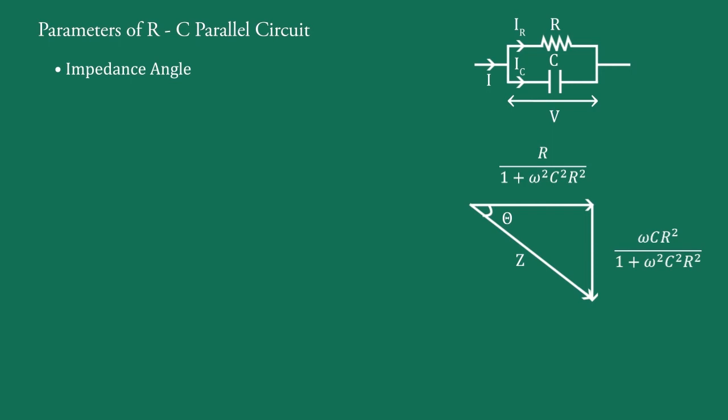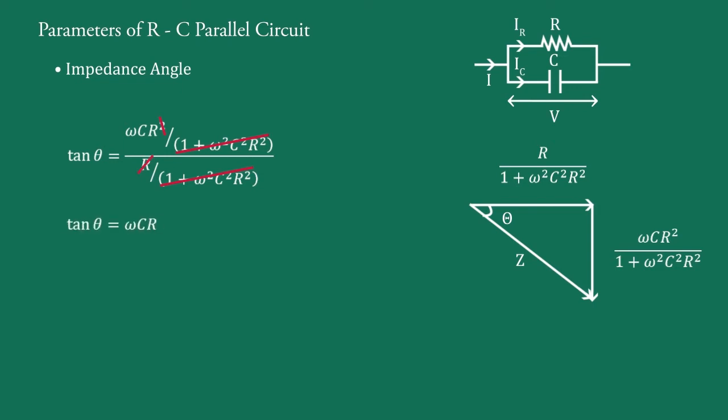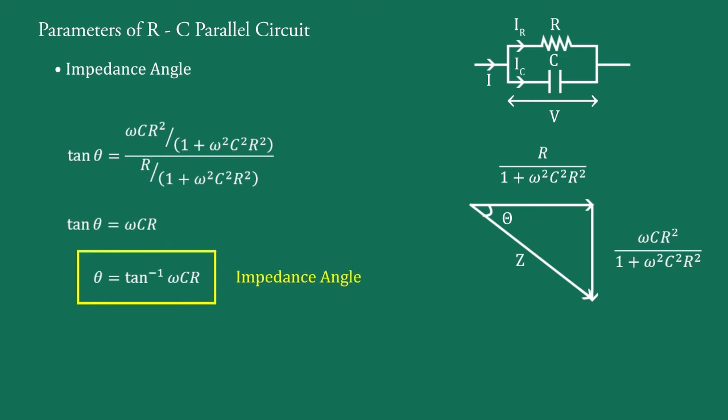Using trigonometric relation, tan theta equals the ratio of opposite side to the nearby side of angle theta. This bracket part is cancelled with this bracket part, and one R from this term is cancelled with this R, and therefore tan theta equal to omega C R, and hence theta equal to tan inverse omega C R. This is the impedance angle of the parallel RC circuit.